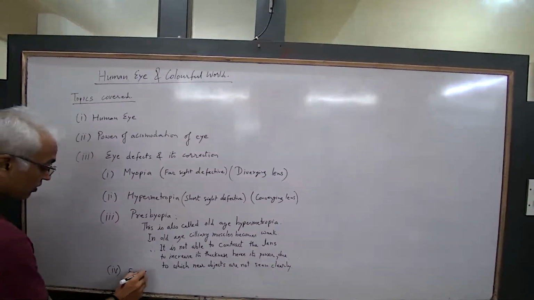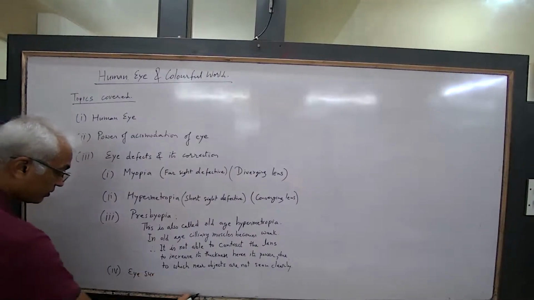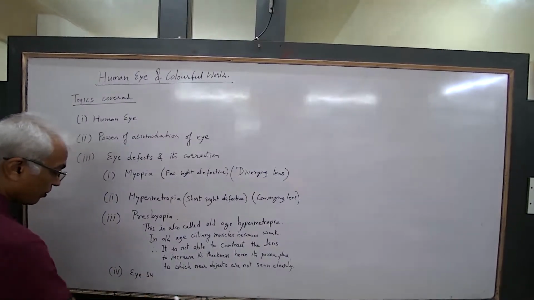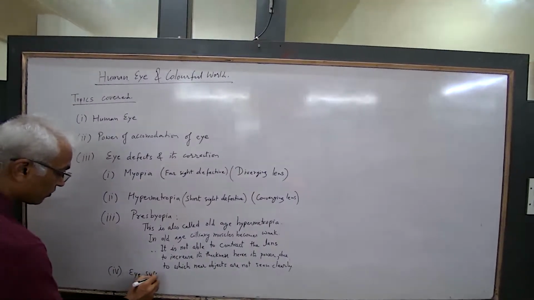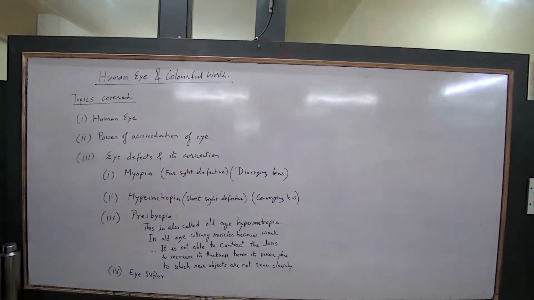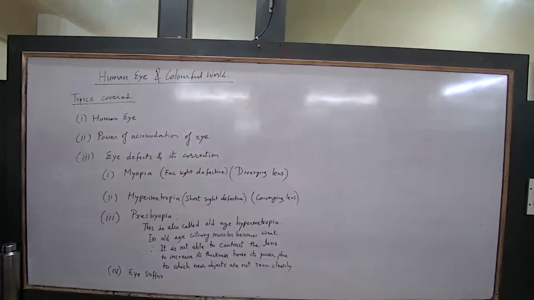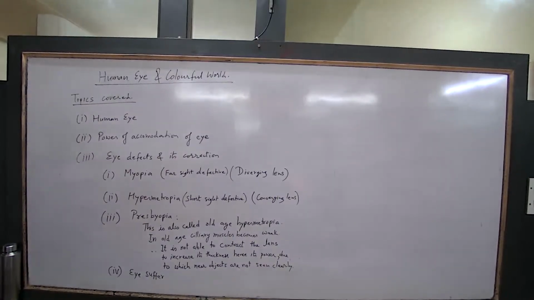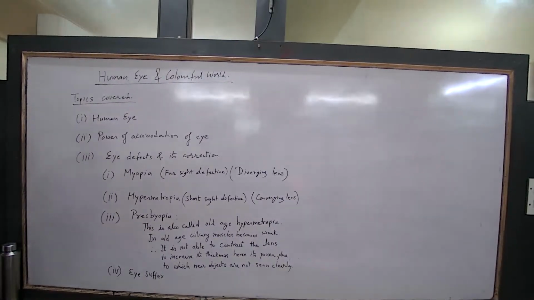Eyes suffering from both myopia and hypermetropia. This is irrespective of age. You can have a young person with both the defects. So the spectacles will have both lenses, which is a bifocal lens, right?